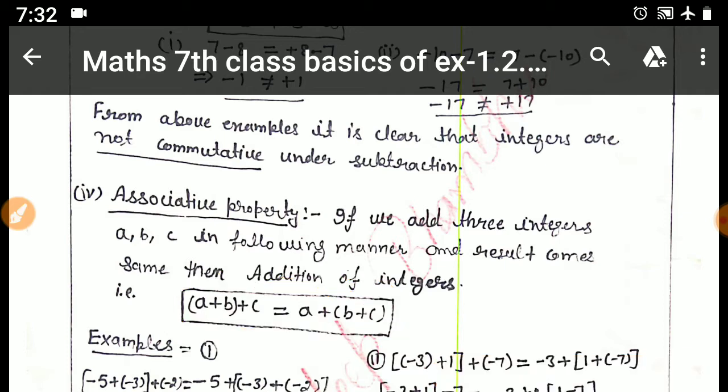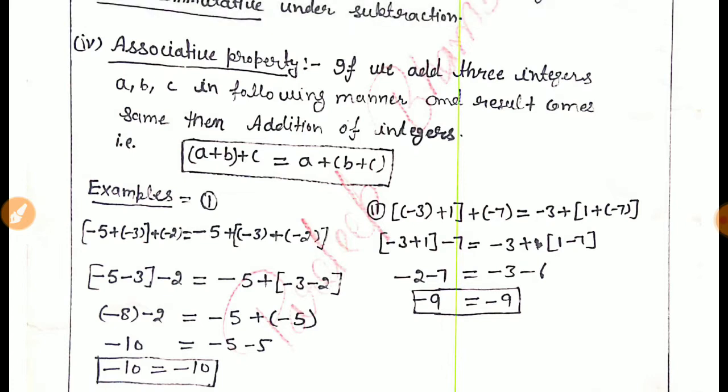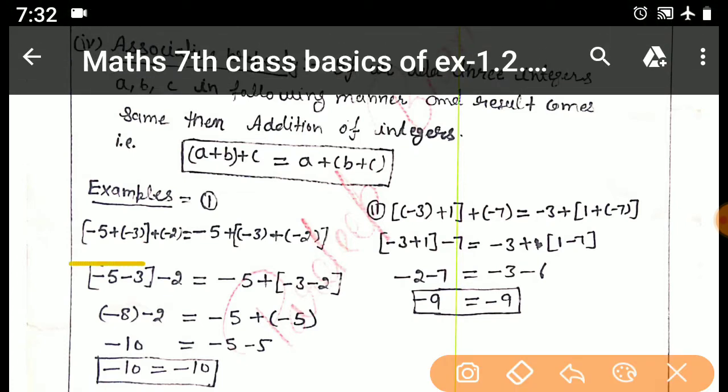Okay, for example, if we are adding minus 5 plus into minus 3 and minus 2, very first we will add this one, which will give us minus 5 plus into minus 3, and the result is minus 8. Minus 8 minus 2 is minus 10.